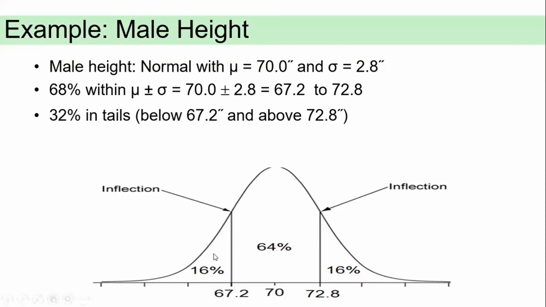But since these two tails, both going to the left and to the right, are symmetrical, this 32 will be divided into 2. So that's why you have 16% in each of these tails. So 16% of all the scores are below 67.2, whereas 16% of all the heights are above 72.8.